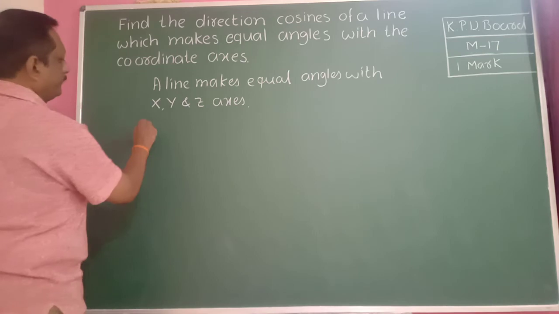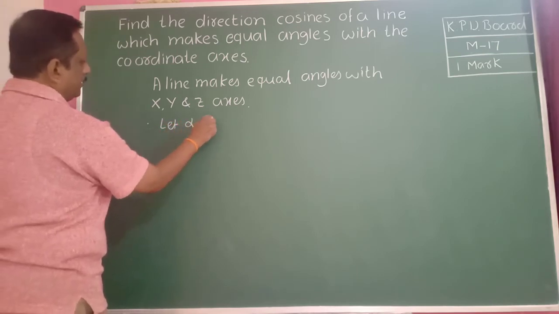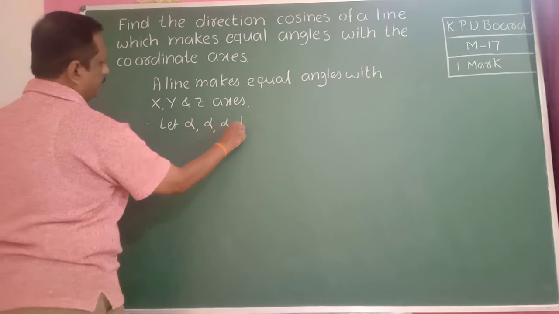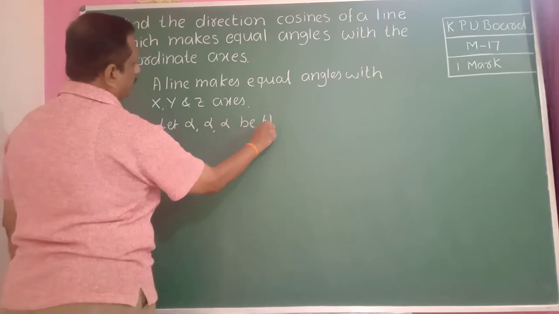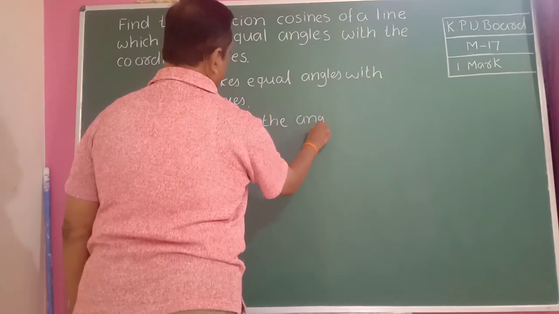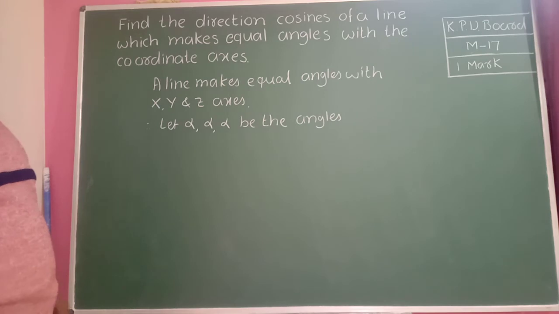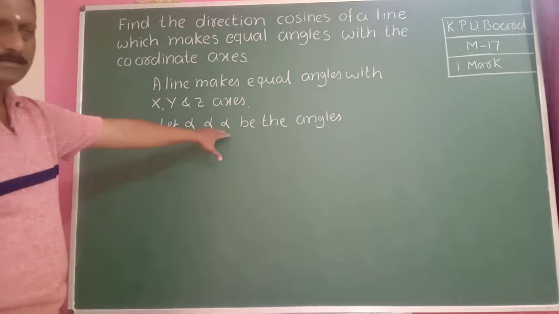Therefore let alpha be the angles made by a line with the x, y, z axis respectively. So these are the equal angles.